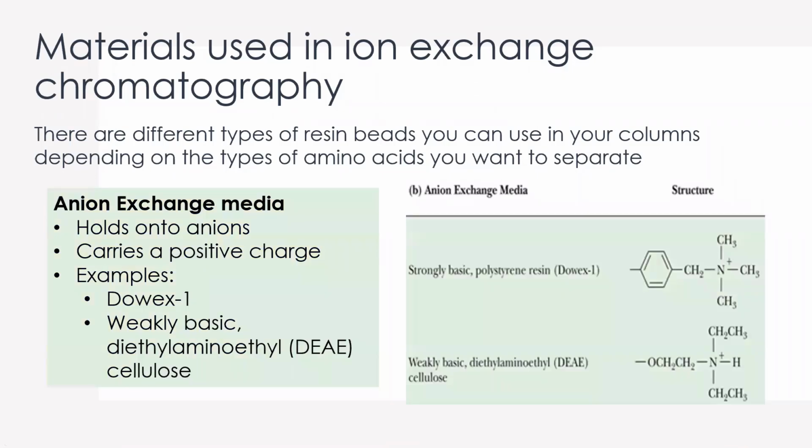An anion exchange column holds on to anions and allows cations to pass through the column more quickly. Notice that the resins used in anion exchange chromatography carry positive charges. These positive charges will attract and bind the negatively charged anions.